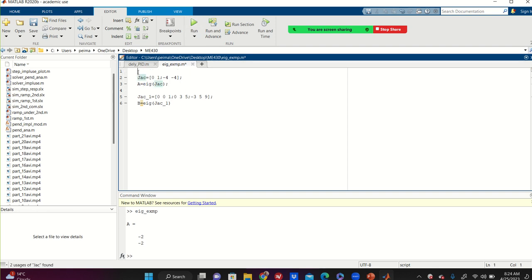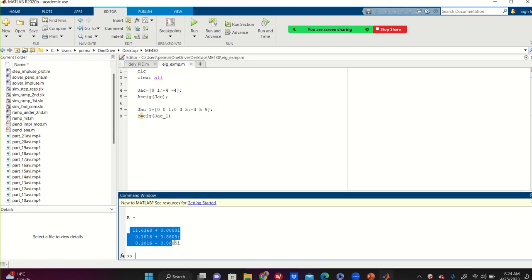And always I'm going to say clc, clear all. This I'm going to share with you. Okay, this system has complex numbers as eigenvalues. Do you see this? Yes, everybody? But is its real part positive or negative?